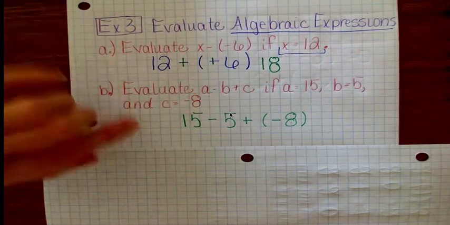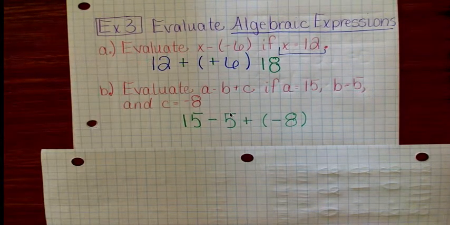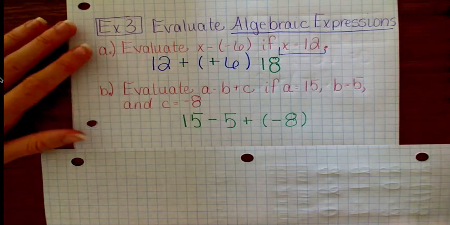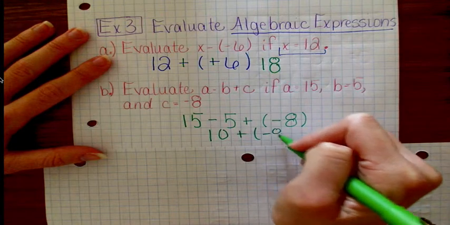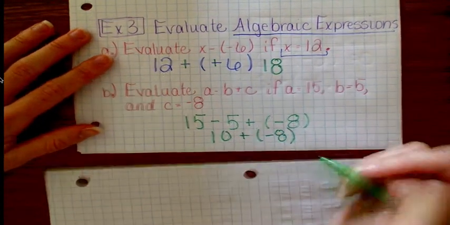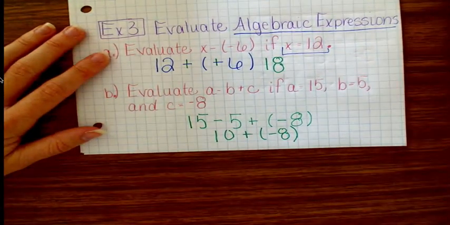I can start on my right and move to my left. 15 minus 5 is, everyone? 10. Plus -8. 2. Good.